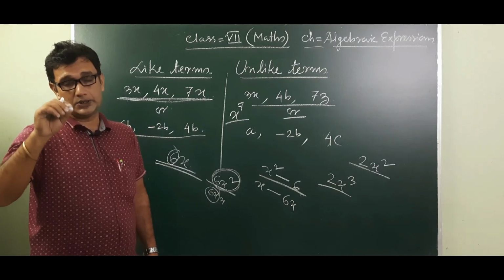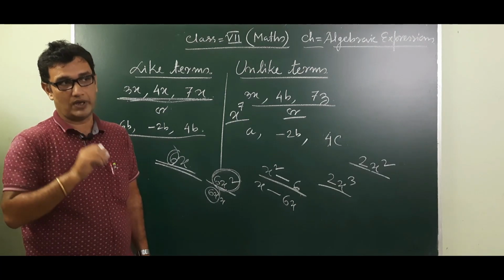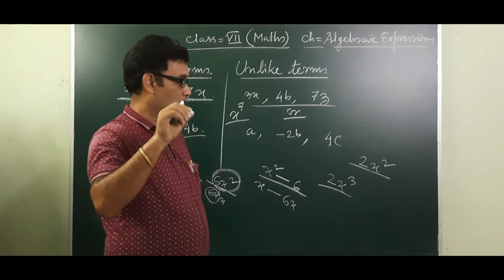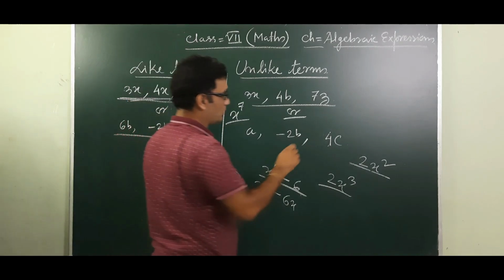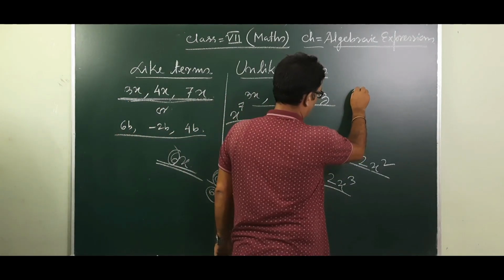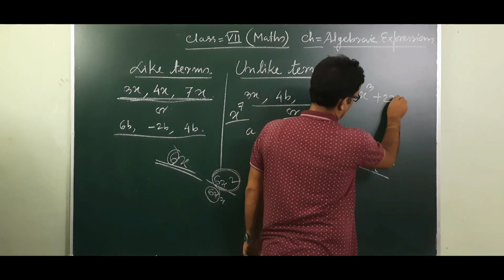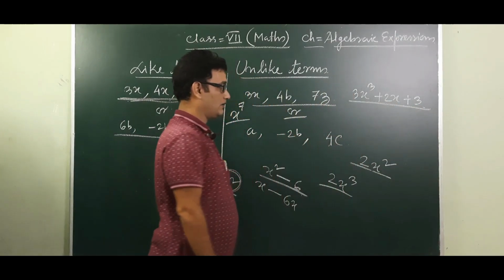Then the next point will come. If any algebraic expression is given where only one variable is there, then how are we going to find out the degree of that expression? Suppose 3x cube plus 2x plus 3, one algebraic expression is given.